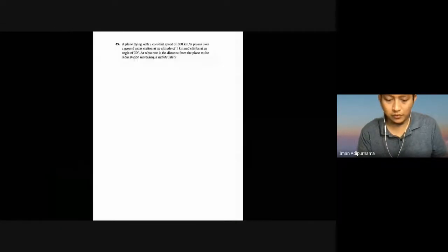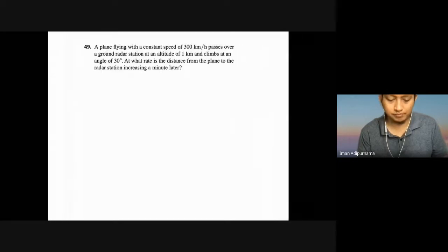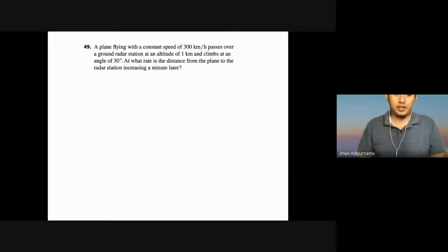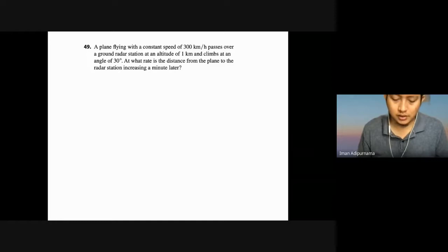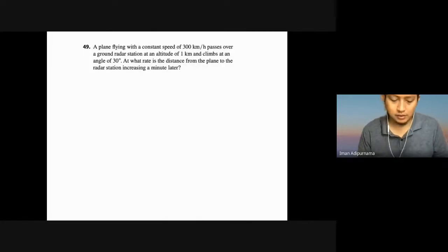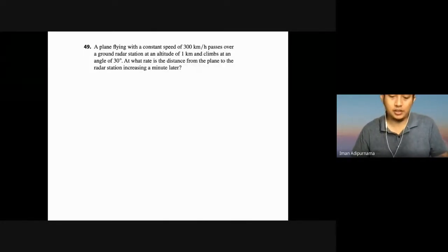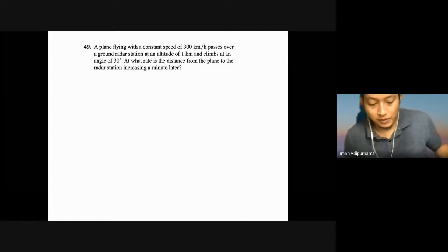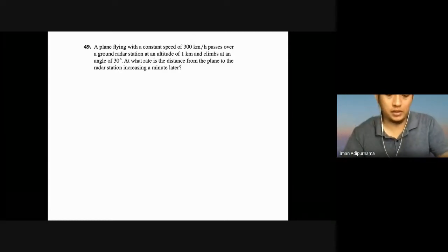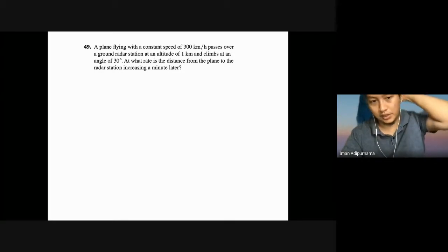Okay, let us start from the first one. A plane flying with a constant speed of 300 kilometer per hour passes over a ground radar station at the altitude of 1 kilometer, and then climbs at angle of 30 degree.